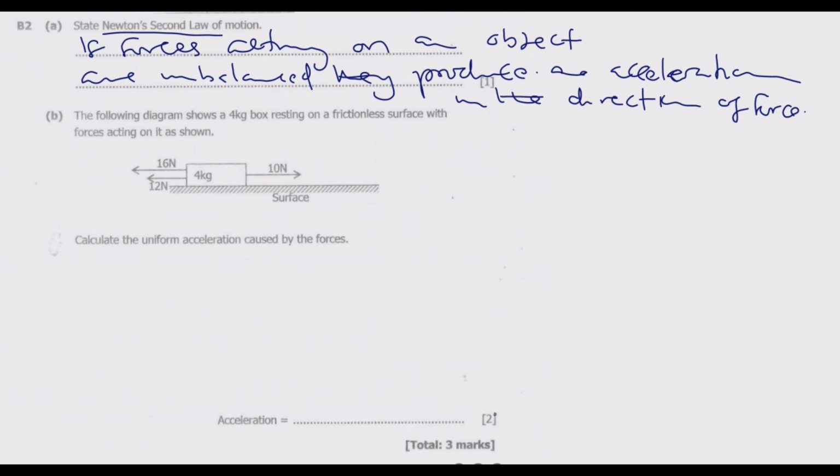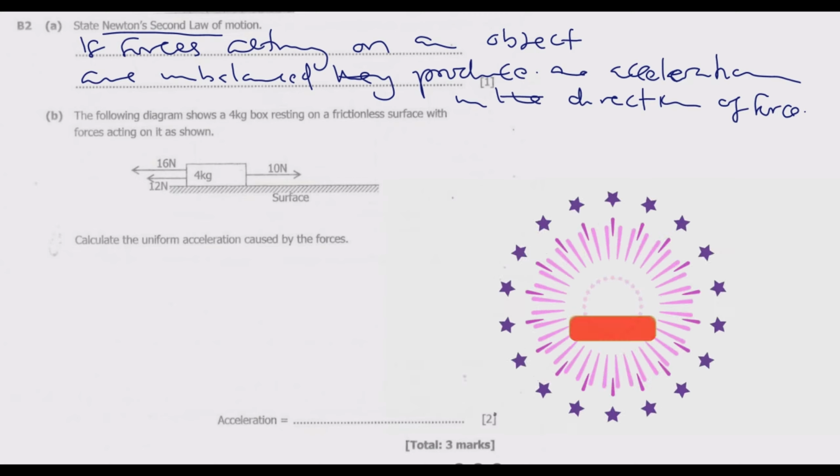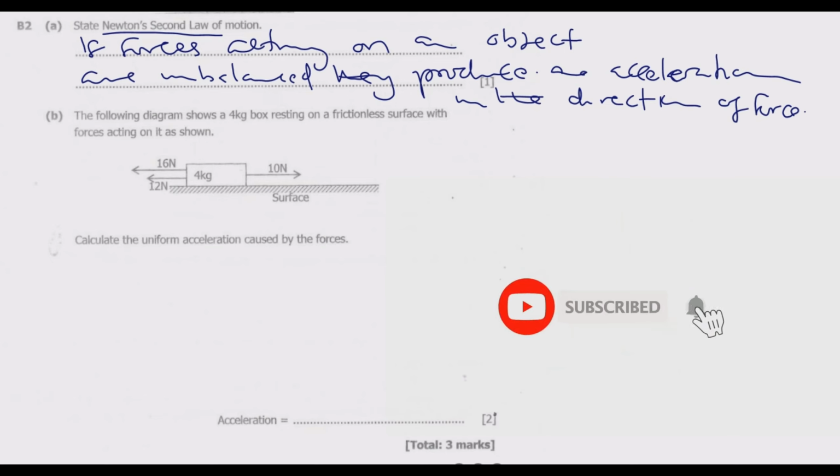We look at B. The following diagram shows a 4 kg box resting on a frictionless surface with forces acting on it as shown. So we have this case. Calculate the uniform acceleration caused by the forces. So for us to answer this question, we need to use Newton's second law of motion.